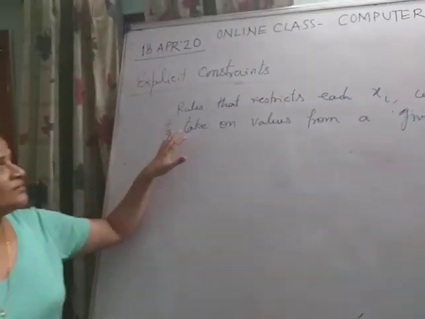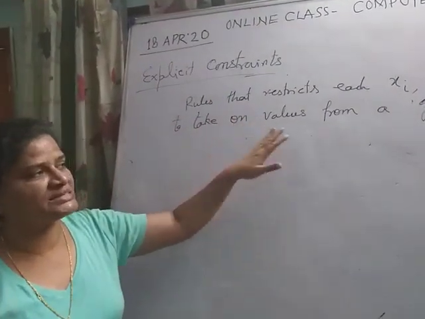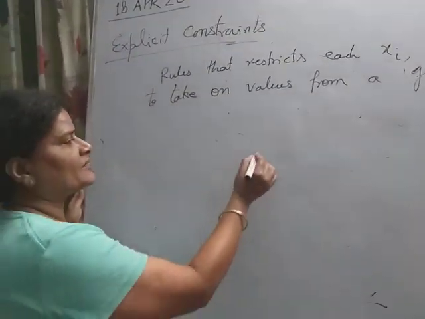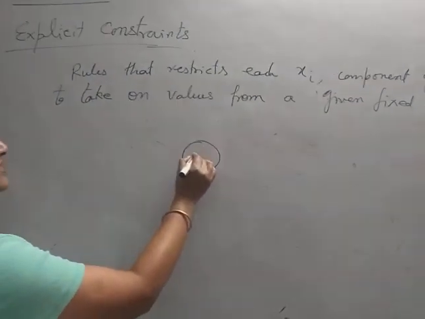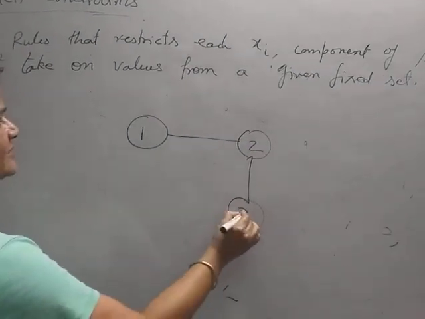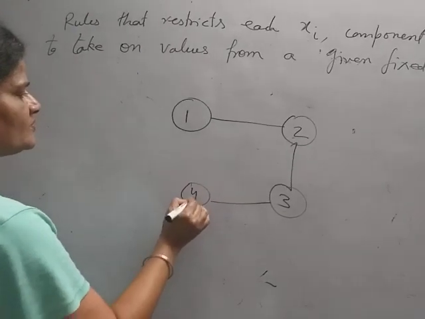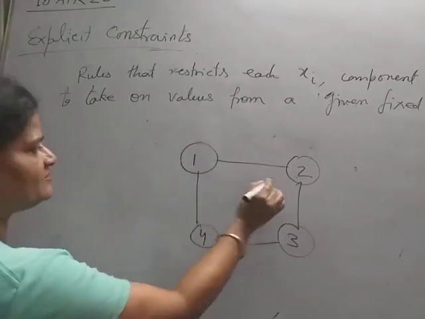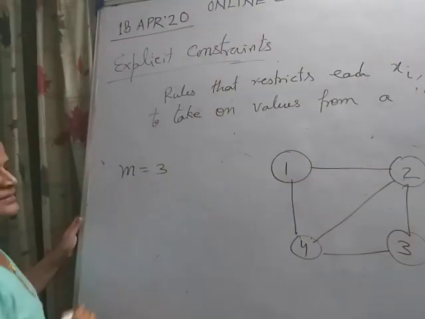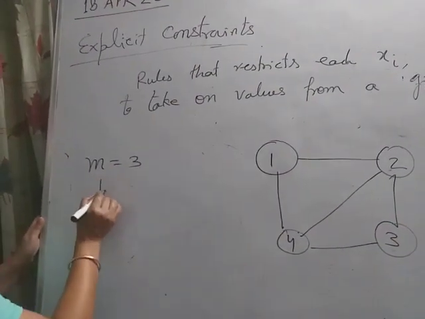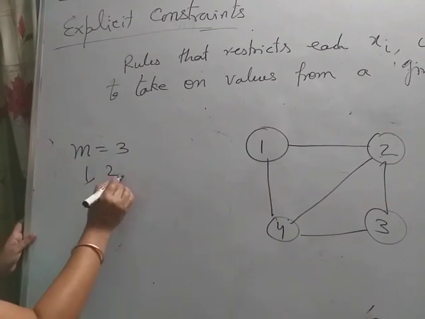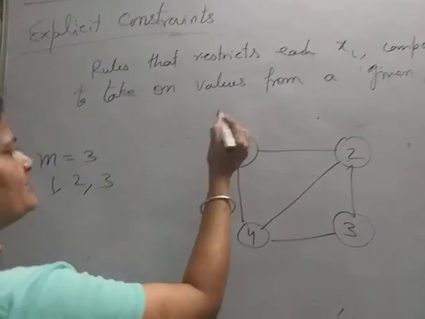Now what are the explicit constraints for the graph coloring problem? Suppose this is the graph with vertices 1, 2, 3, 4, and we take 3 colors, numbered 1, 2, 3.